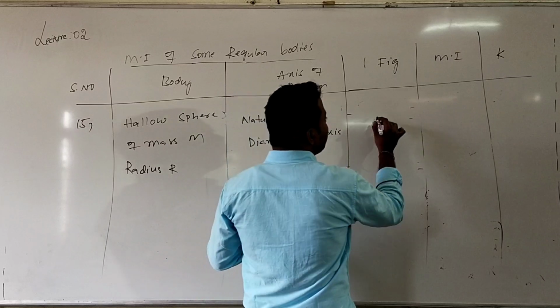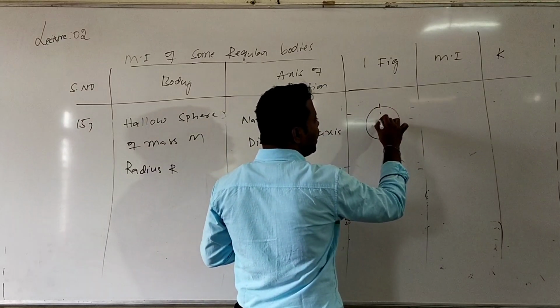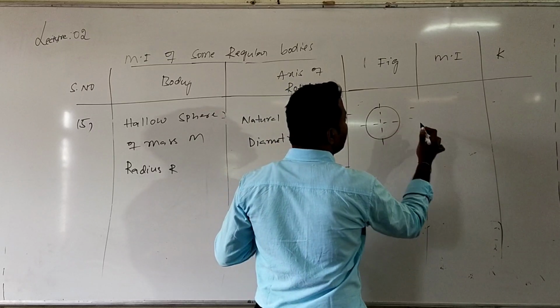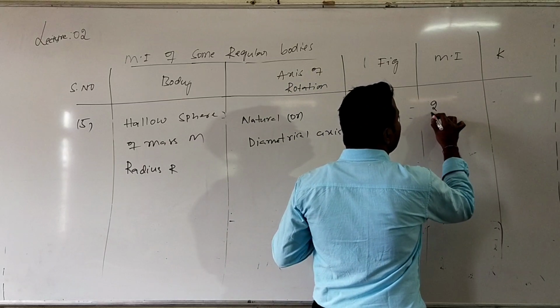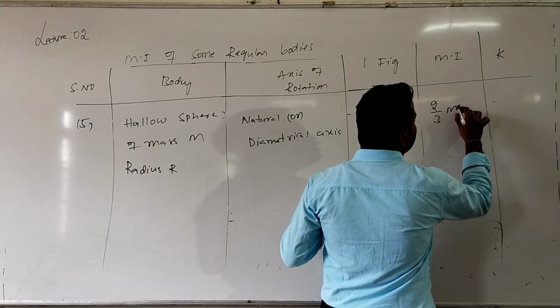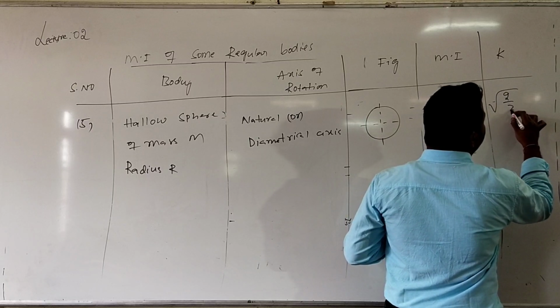If I consider one sphere, about its diametrical axis, the moment of inertia is given by 2 by 3 MR square. The radius of gyration is given by root 2 by 3 into R.